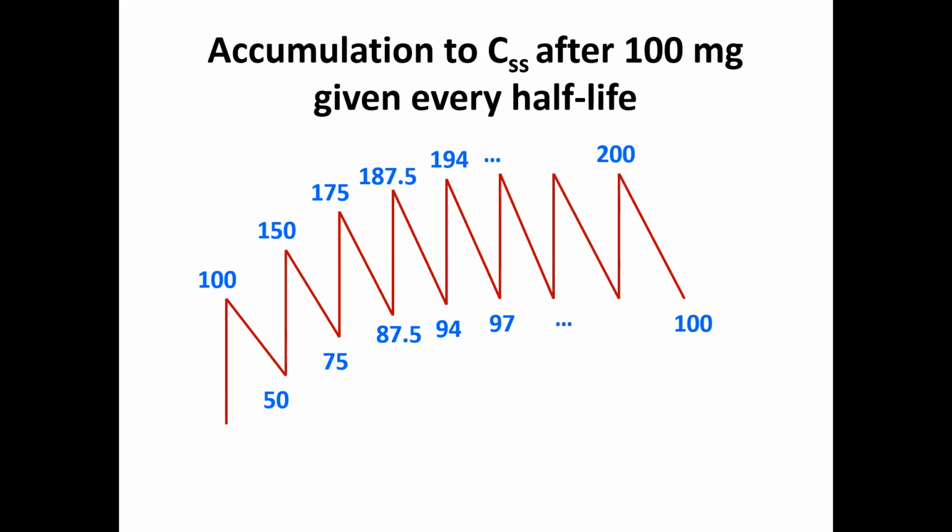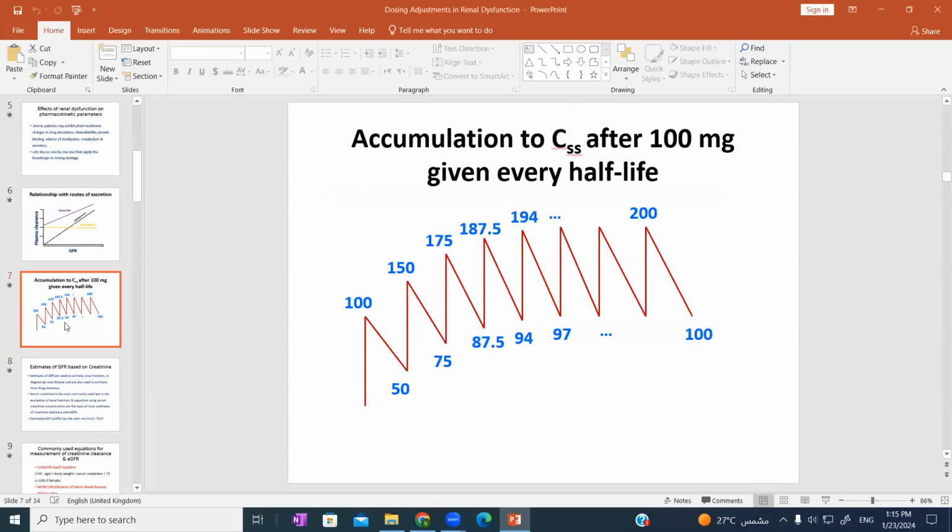In renal dysfunction, as I mentioned, the drug will accumulate. How? Suppose the drug is being eliminated slowly because there is a kidney dysfunction.